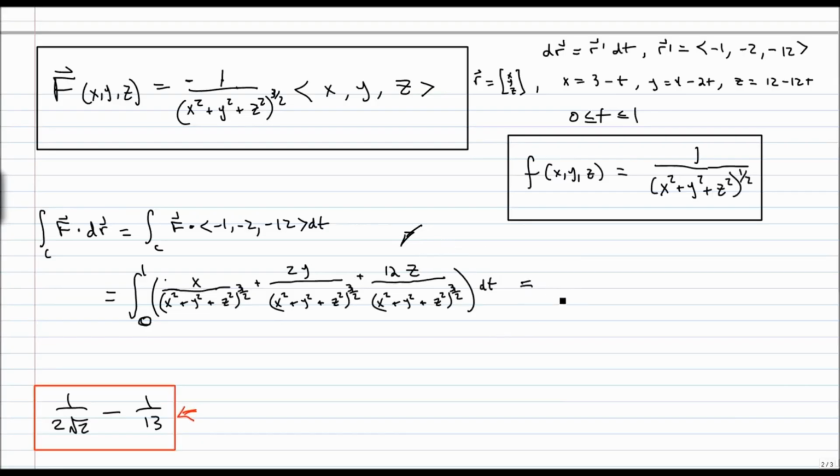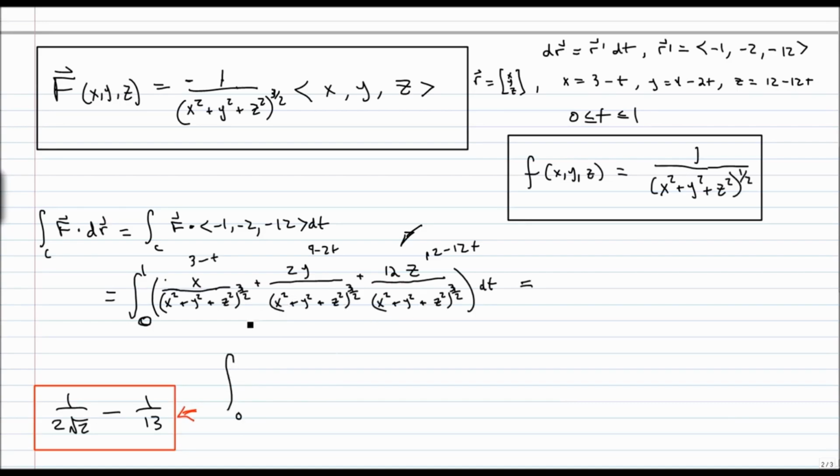So this gets kind of messy, but for x, you sub in 3 minus t, for y, you sub in 4 minus 2t, and for z, you sub in 12 minus 12t. They're all over the same common denominator.